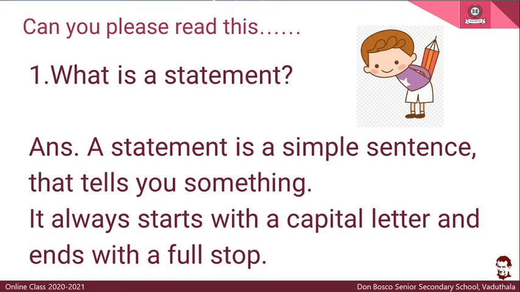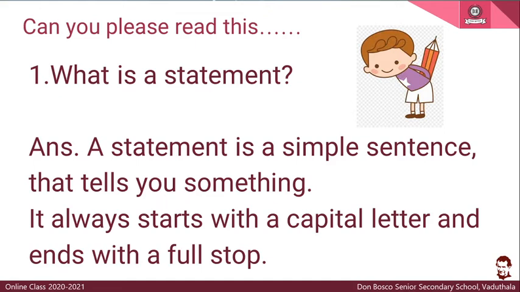It always starts with a capital letter and ends with a full stop. Very easy, isn't it? Once again, I'll repeat. What is a statement? A statement is a simple sentence that tells you something. It always starts with a capital letter and ends with a full stop.